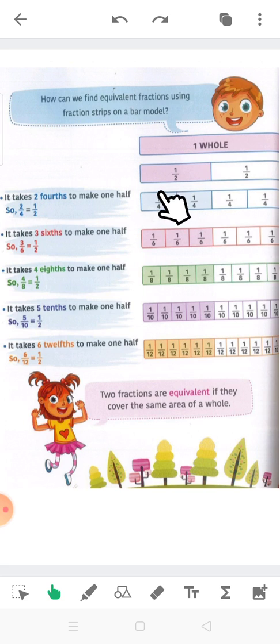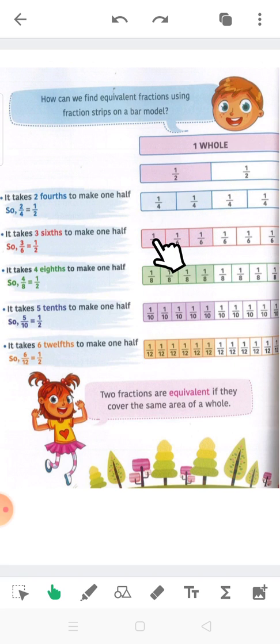Then it takes 2/4. Here I will cut it into 4 equal parts. Then I will have a half of 4/4, which is 2/4. Look here. This half is equivalent to 2/4. As well, we have 1/2 is equivalent.